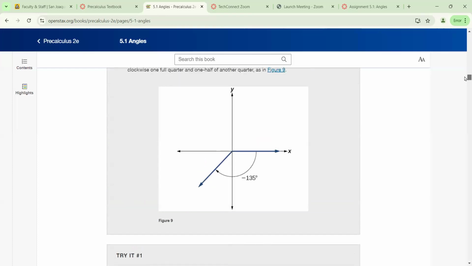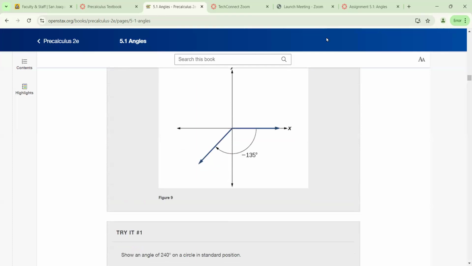Another important thing I wanted to mention: anytime a negative angle is given to you, like this one, you go this way, in the clockwise direction. And when you're drawing normally, you go anticlockwise. So if you're drawing 90 degrees, you're going to be here, then 120, and so on, then 180, then 270, and then 360.